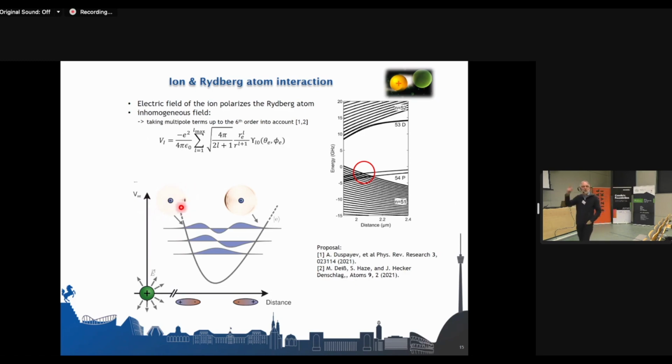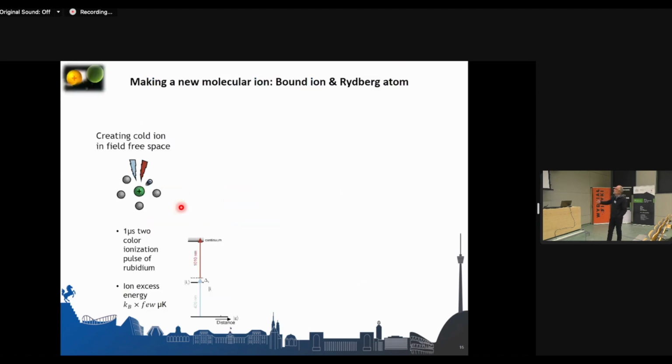So the dipole moment of the Rydberg atom is flipping back and forth as you go through the minimum of that harmonic oscillator. In that sense, I would say it's a binding mechanism that you don't find in a normal physical chemistry textbook. So we call it the flipping dipole interaction, which was nicely discussed in these theory papers.